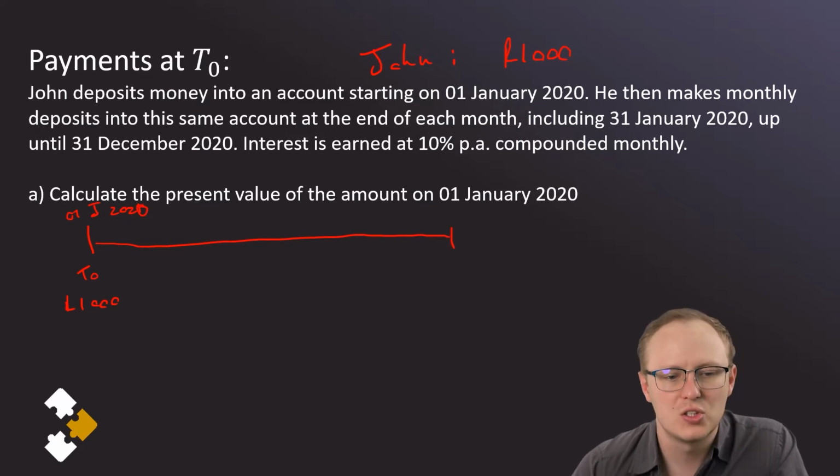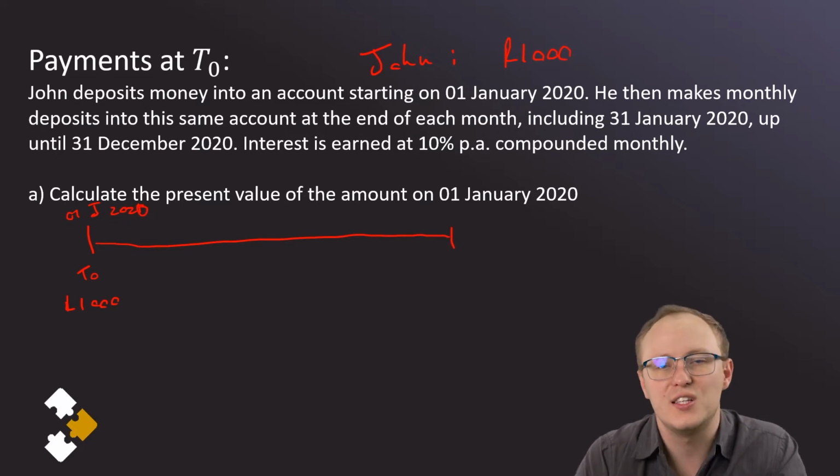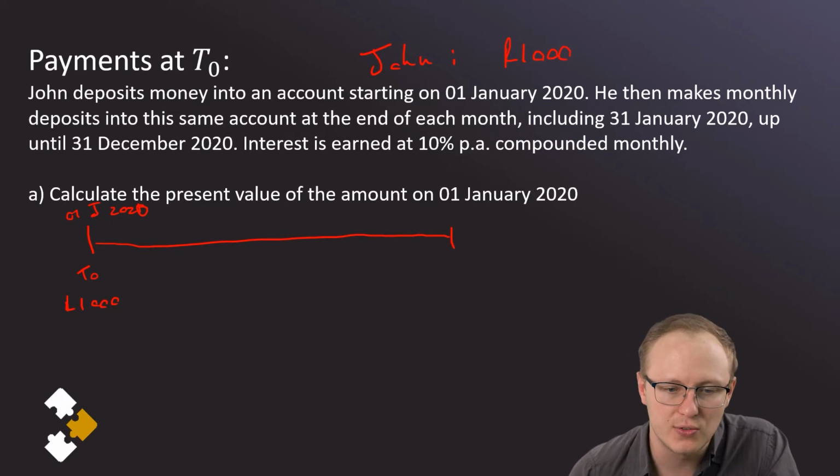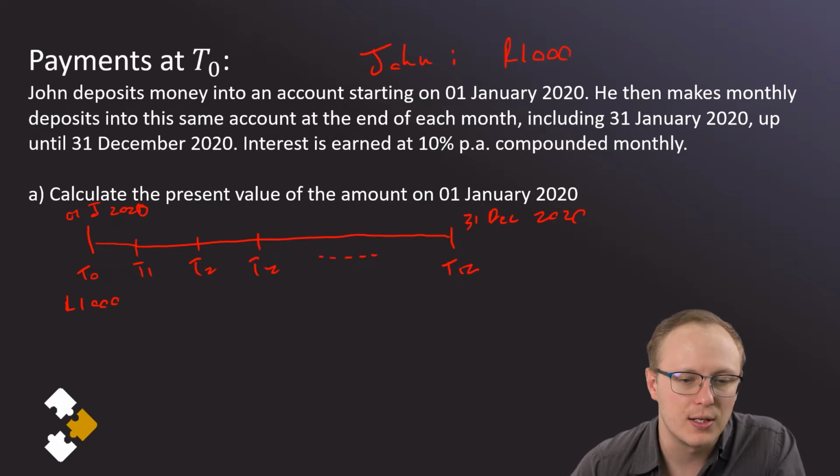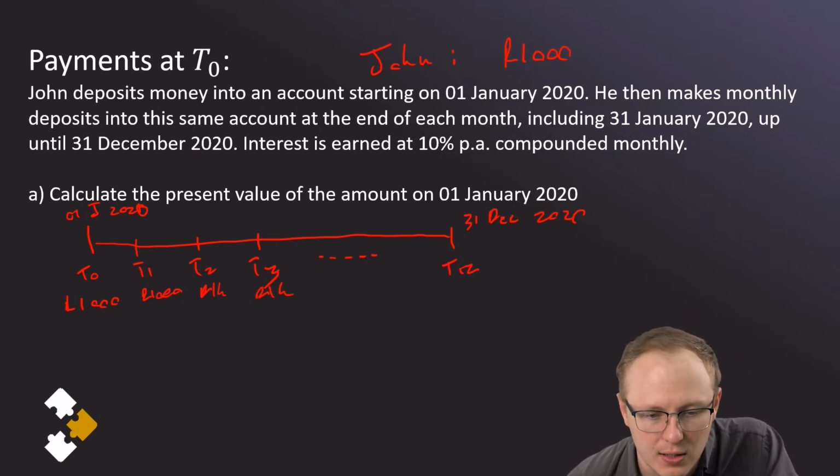So a year is going to be 12 months, so this is going to be from T nought to T12, and that then here is going to be our 31 December 2020. And then on each of these end of the periods, we know we're going to get a 1,000 Rand payment. So 1,000 Rand here, 1K here, 1,000 Rand here. I'm writing 1K because I'm lazy. And then here we're also going to have 1,000 Rand.